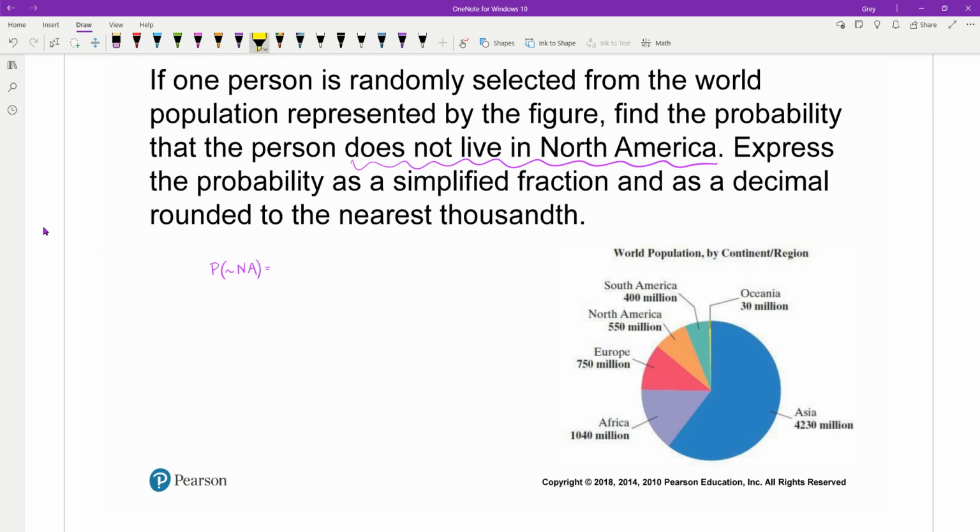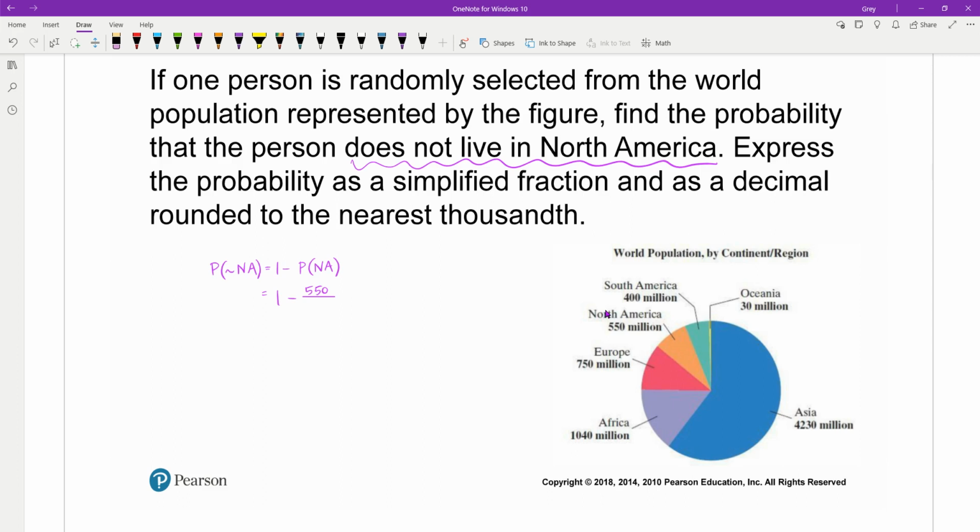That little squiggly symbol is the not. That's equal to 1 minus the probability of people living in North America. Of course, you could add up all of the other ones, or you could just say 1 minus how many live in North America.